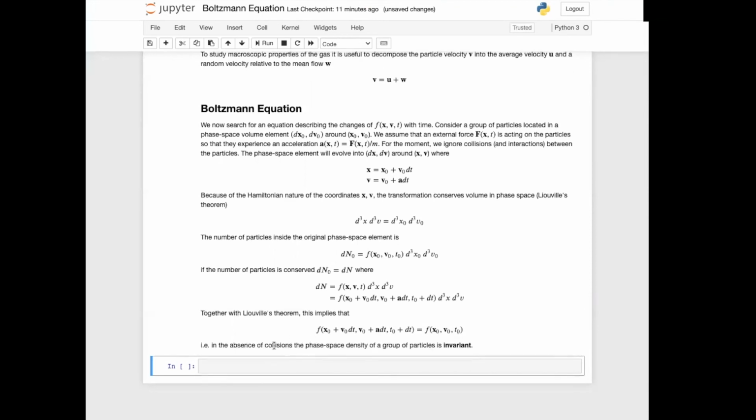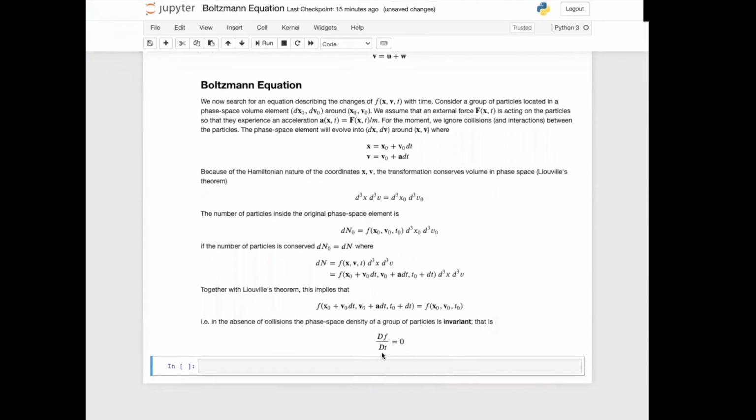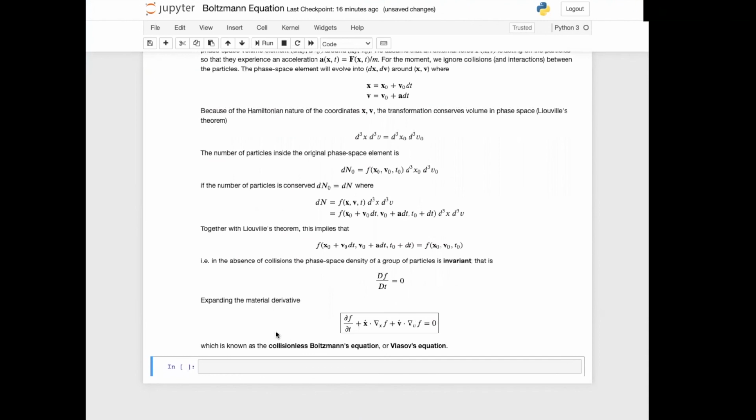So we just proved that in the absence of collisions, the phase space density of a group of particles is invariant. So I write it in this form and expanded the material derivative. Now, this is known as the collisionless Boltzmann equation or Vlasov's equation.